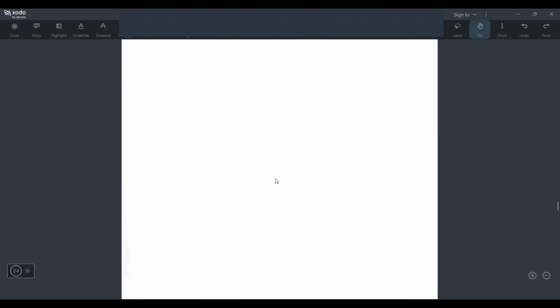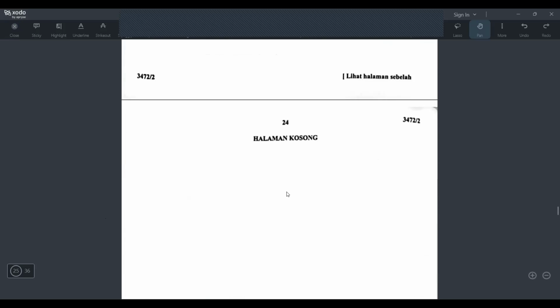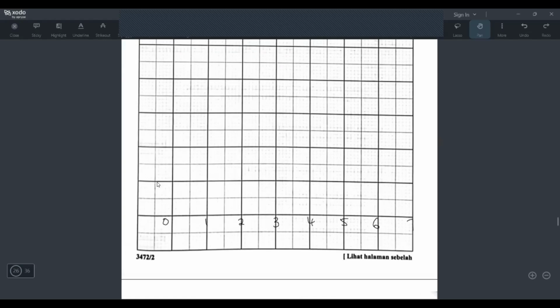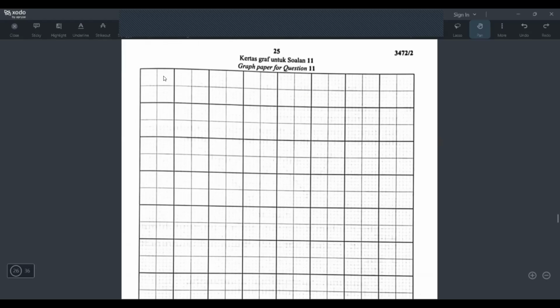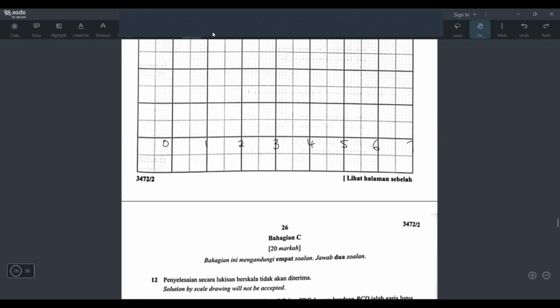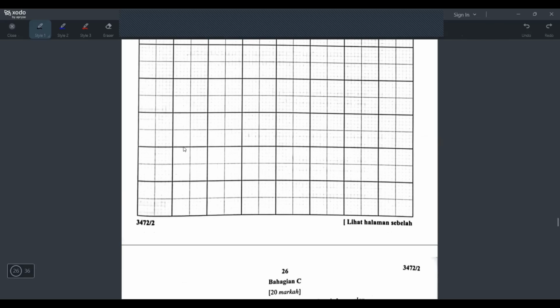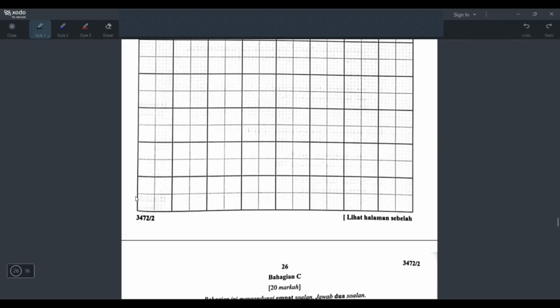So definitely I have to go, let me think, 2, 4, 6, 8, 10, 12, 14, 16, 18, 20. So I think I have to use the corner of the graph paper, because the graph paper they provide me is a bit small, right? So I'm going to start here. Yeah, because if I start here, then there's enough space.